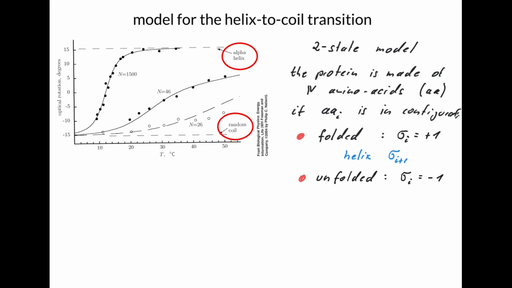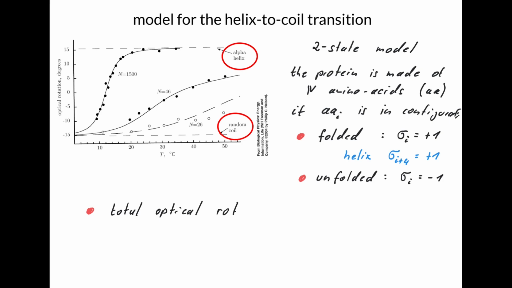So there is an additional constraint, namely that if the amino acid i has a sigma i of +1, then amino acid i plus 4 must have a sigma i plus 4 of also +1.